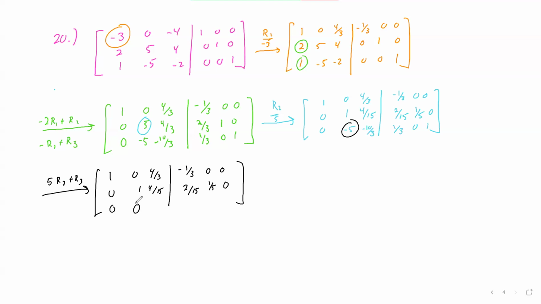And on this one, I get 5 times 4/15 plus -10 divided by 3. Ooh, nice clean number of -2.